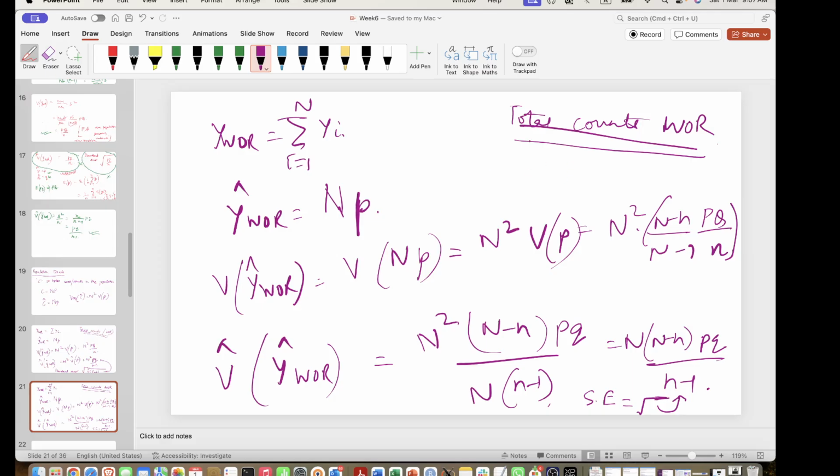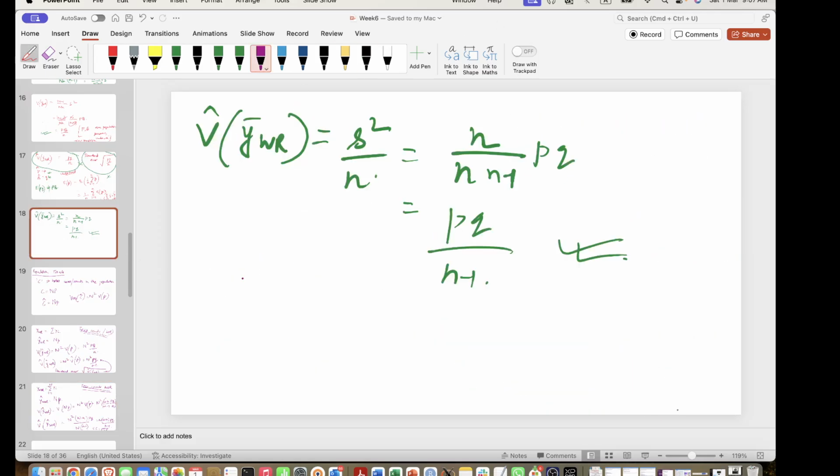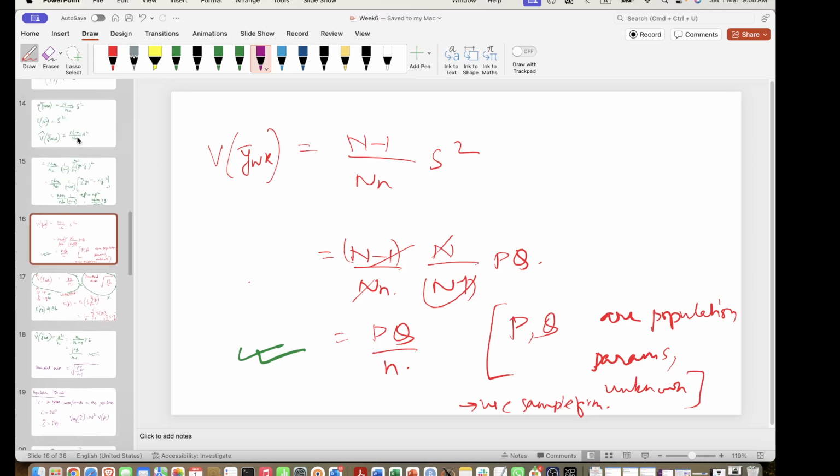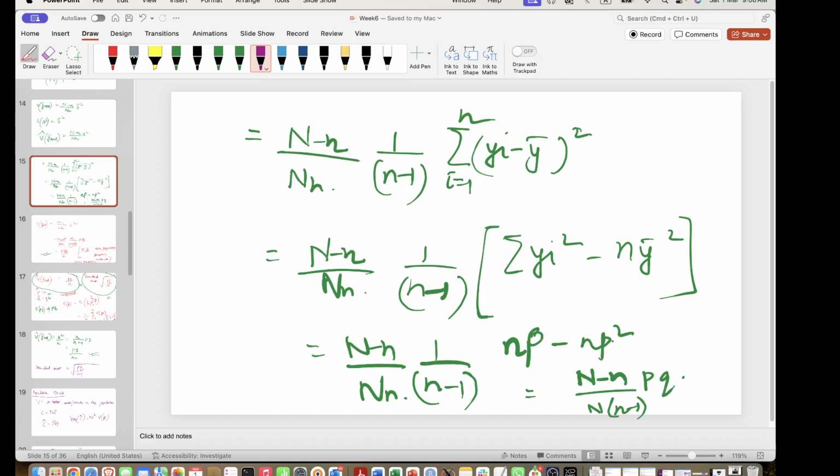Similarly, for the proportion the standard error would be root over pq by n minus 1, and here the standard error equals root over N minus n by N into n minus 1 small p into small q.